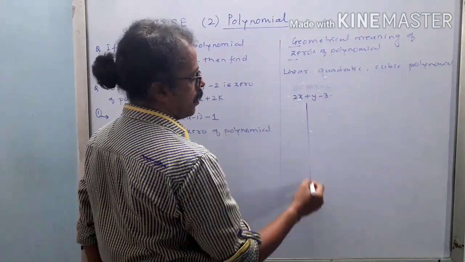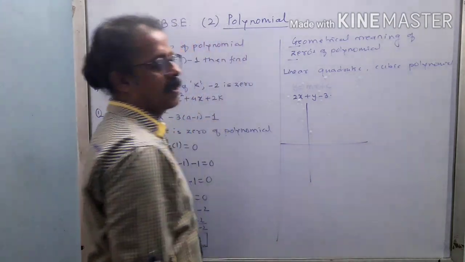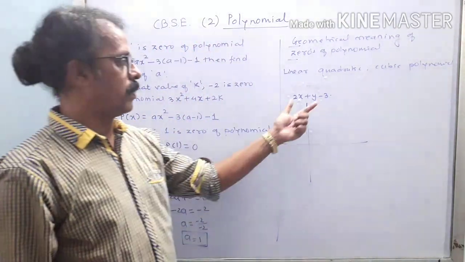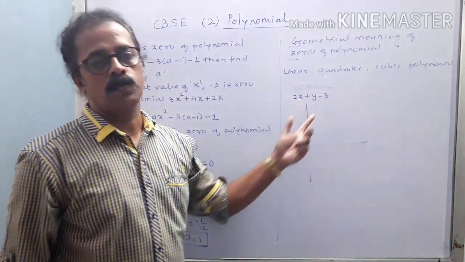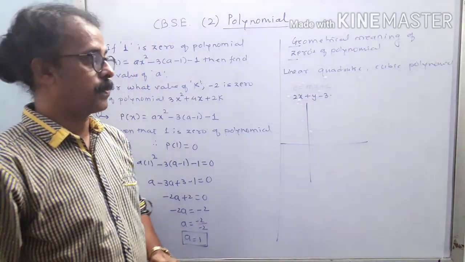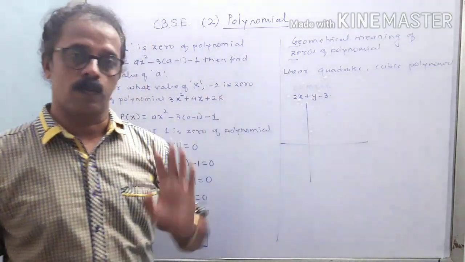So I could say that the line must be cutting the x axis somewhere. So whenever I want to find the zeros of this polynomial, I have to substitute the value of y as 0.